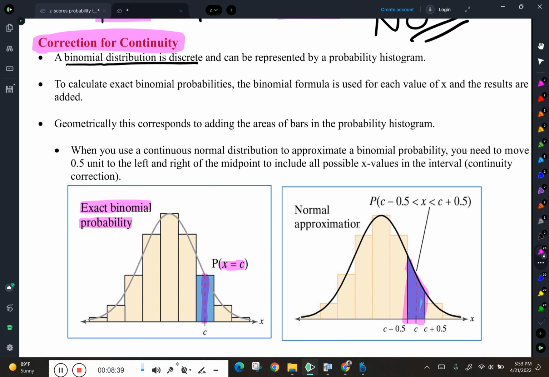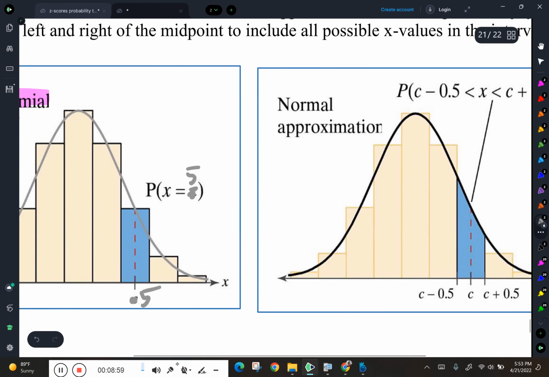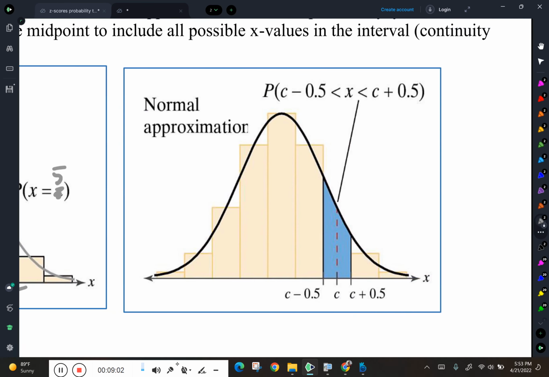So the way that I do that is I add and subtract 0.5 from both edges and turn a single value into an interval. Now I know you're looking at me going, wait, what? What is he saying? Well, suppose, and I don't know what these numbers are, but let's just make some numbers up. Suppose that this C right here was a 5. When I use the normal approximation, I turn that into an interval by taking that 5 and going down by a half and up by a half.